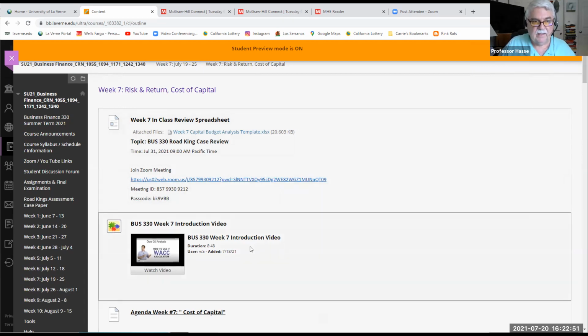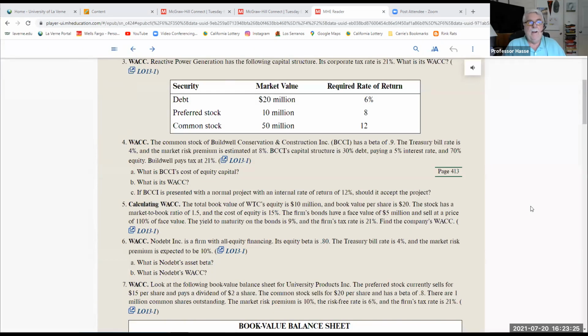So let's take a look at a problem from the textbook to lead us into our discussion this evening. I'm on pages 412 and 413 of your textbook, and this is a sample problem that takes into account both chapters 12 and 13.